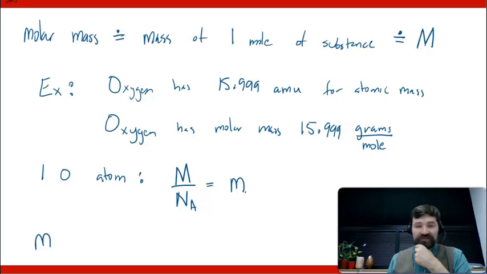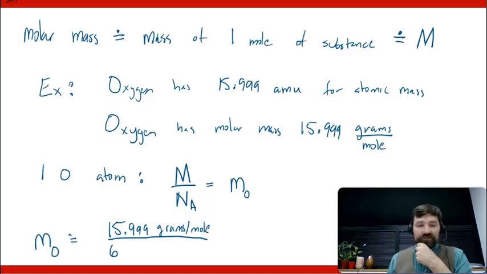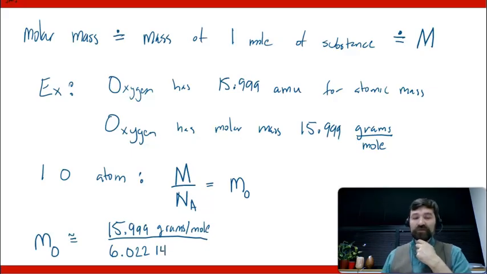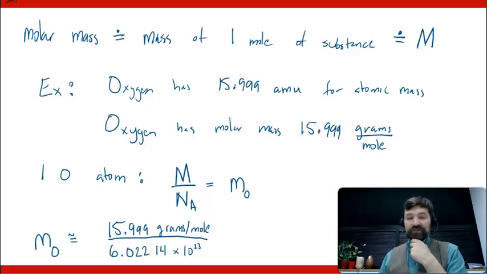So the mass of an oxygen atom in this case is 15.999 grams per mole divided by Avogadro's number, which I guess we could just do the whole thing, 6.02214 times 10 to the 23 atoms per mole.